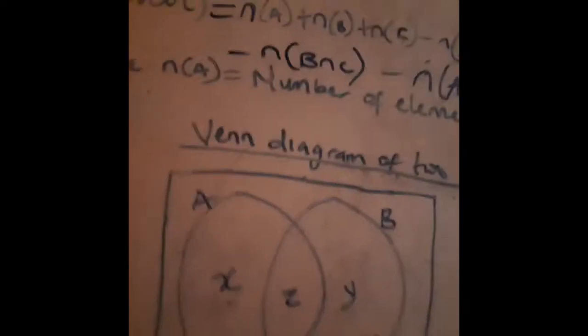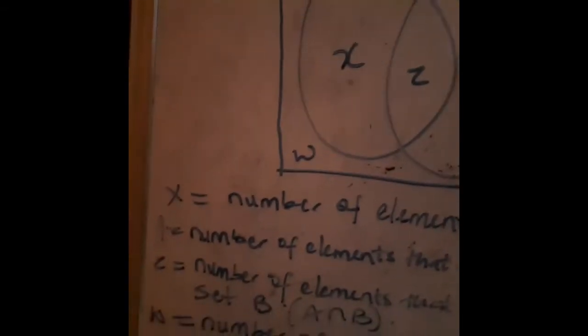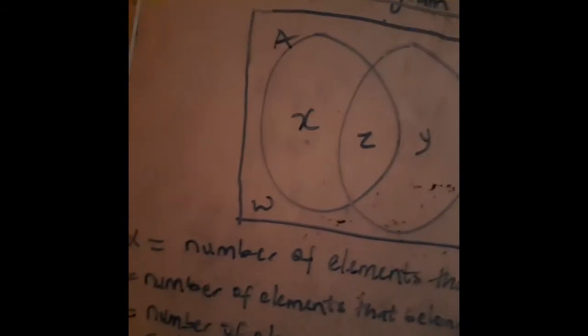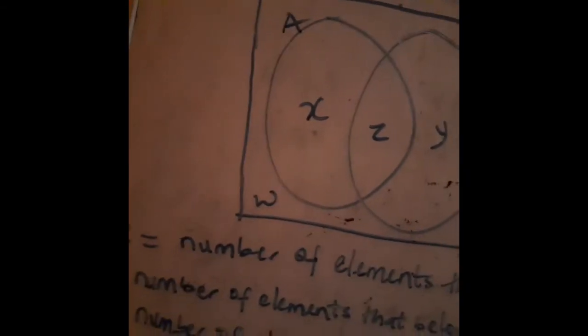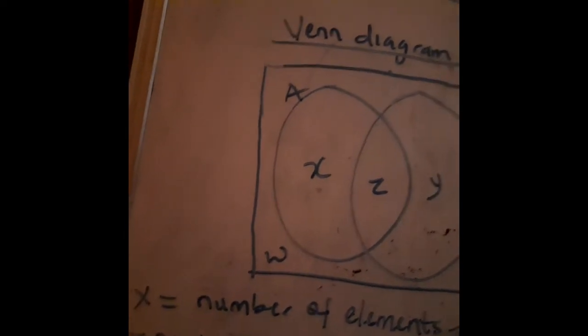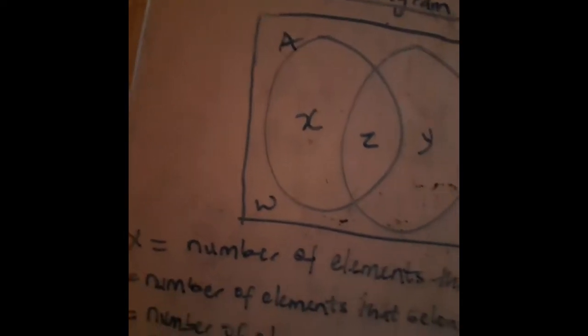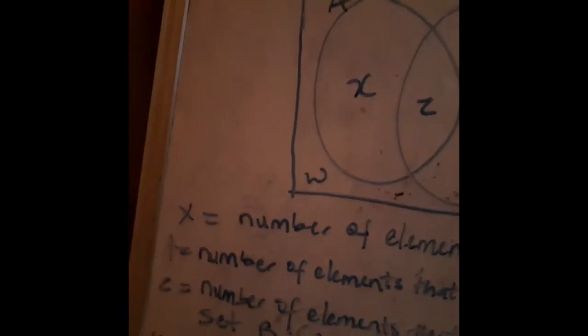So now we are going to the Venn diagram of three sets, where we are going to have three circles. Most questions we see in past questions are based on this Venn diagram of three sets. So I'm going to explain that; that's the next thing. I hope you understand the Venn diagram of two sets. It's actually very easy.